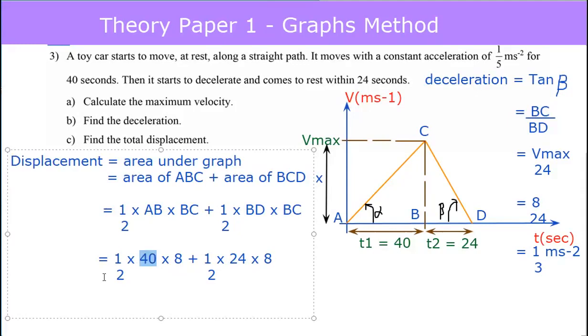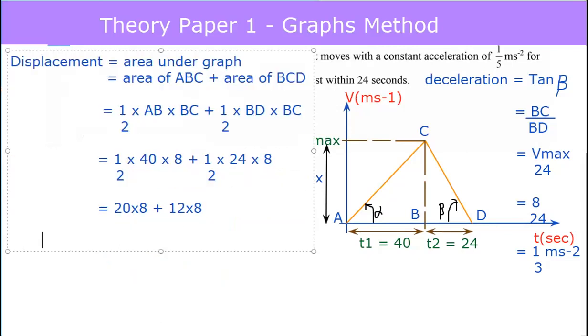So 40 divided by 2 is 20, into 8, plus 24 divided by 2 is 12, into 8. So that's so simple, right? Now no big calculations here. 8 times 20, actually just write 8 times 0, 0, 8 times 2, 16. So that is 160, am I right?